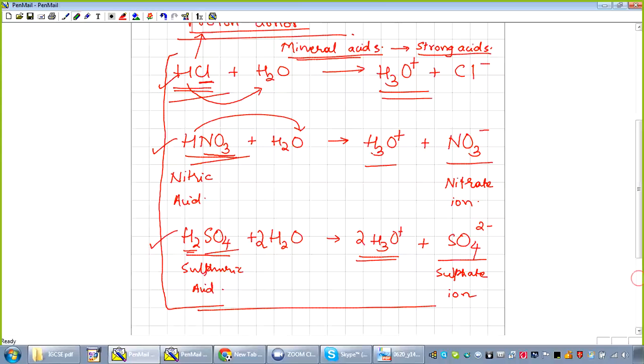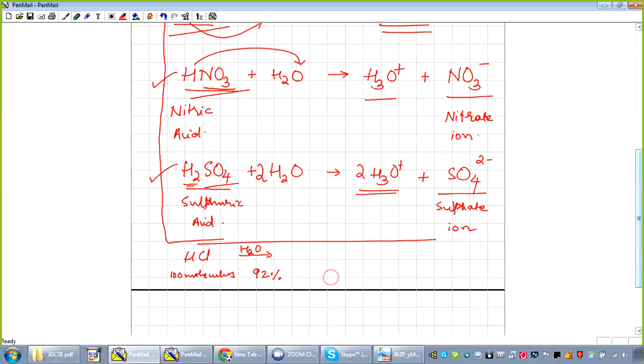Suppose I'm having 100 molecules of HCl, when you dissolve it in water, 92% of them will split up as H plus and Cl minus, while 8 of them out of 100 will remain as HCl together only. It means the percentage of separation that is taking place is very high. Such acid is going to be a strong acid.